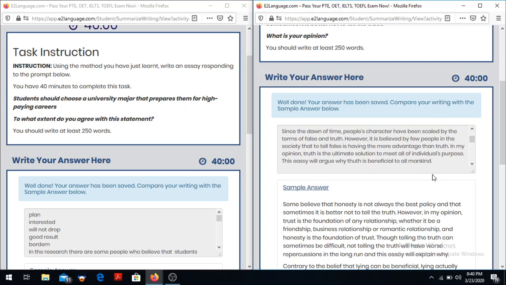However, it is a paraphrasing of the question. However, it is believed by few people in society that to tell false has more advantage than truth.